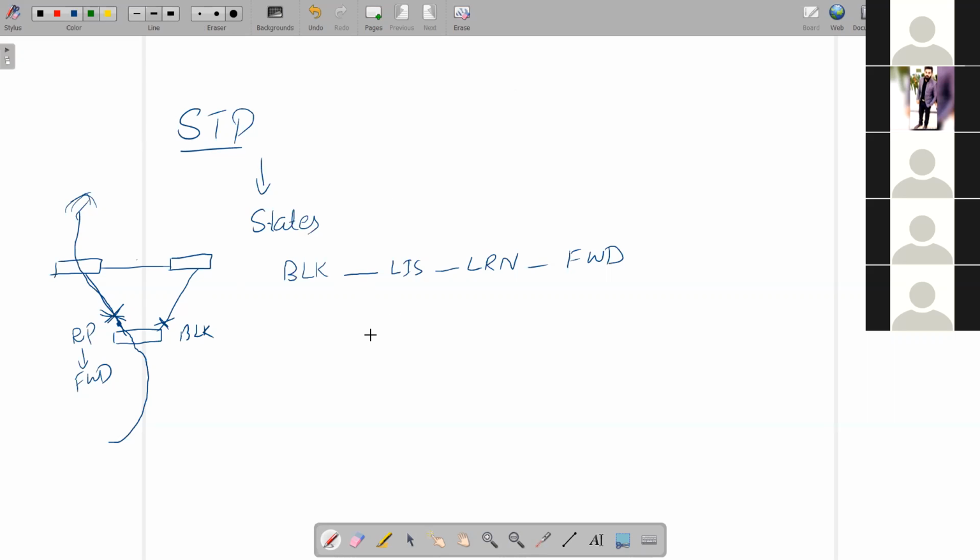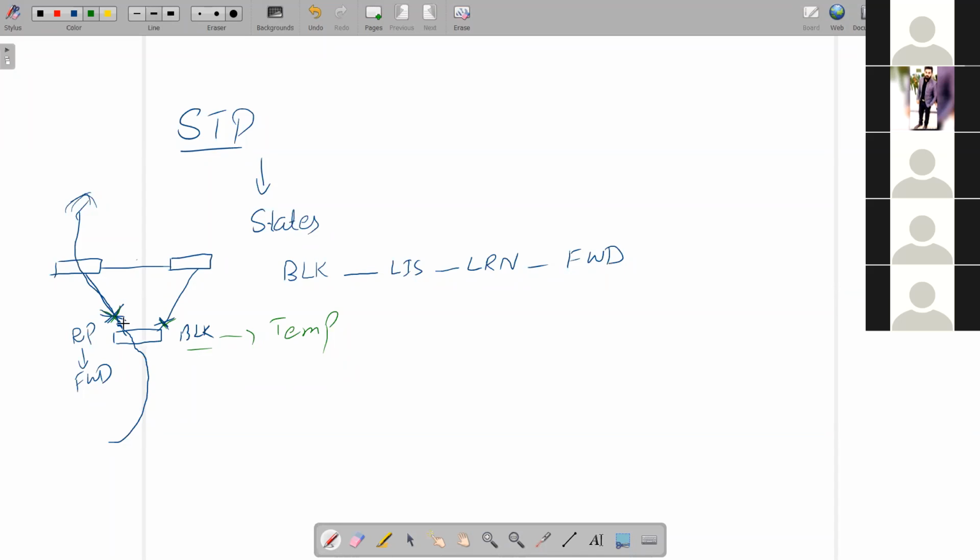I think the whole operation will also go down. Okay. No, because STP has put this port into the block state, but this is temporary, just to prevent the loop.